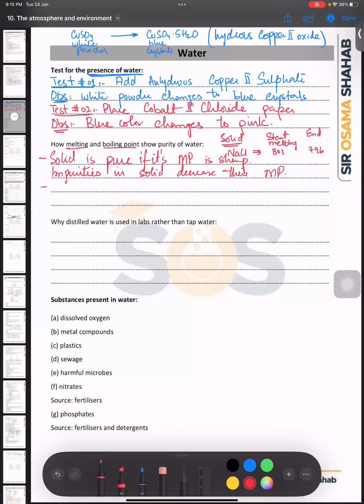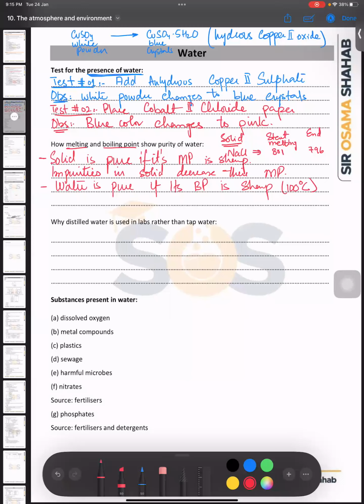And if you talk about water or any liquid, if I am just writing specifically for water, you can say that water is pure if its boiling point is sharp, and that is 100 degrees Celsius, right?